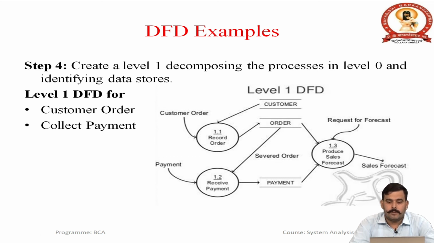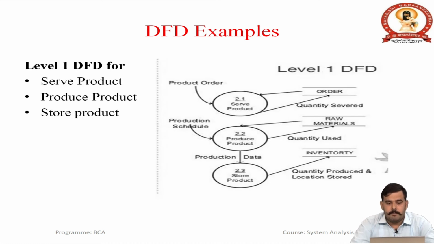All these functions are connected to each other by arrowheads, with the data flowing from tail to head. It gives an overview of the activities in detail for the customer order and collect the payment.